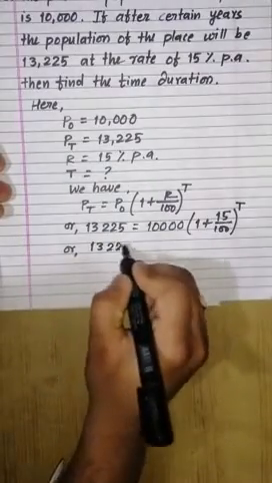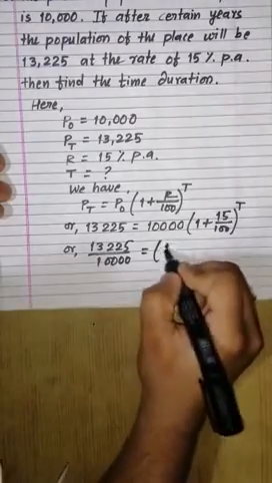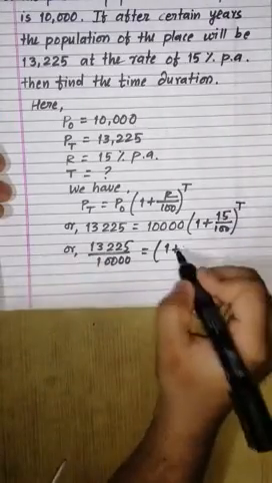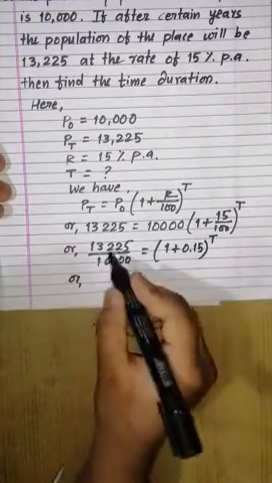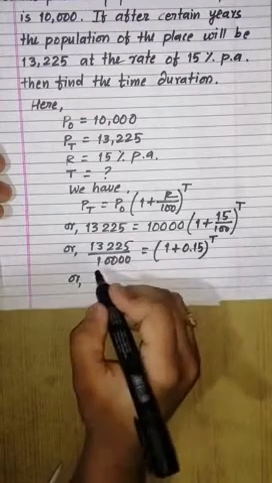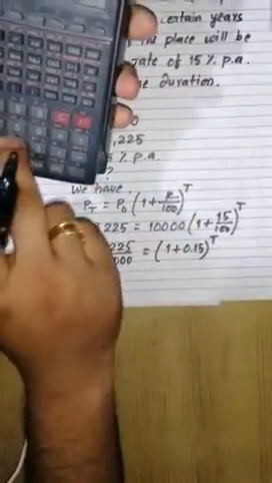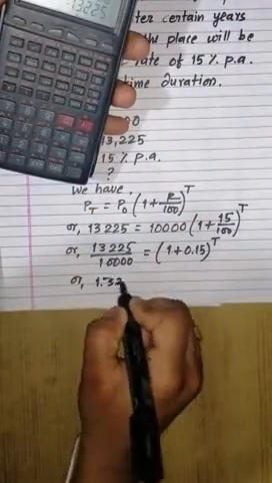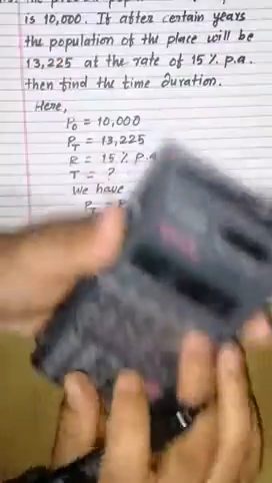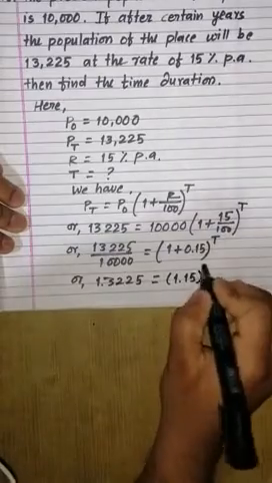So 13,225 by 10,000 equals 1 plus, if we divide 15 by 100, then 0.15, to the power T. When we divide 13,225 by 10,000, 1.3225 will be obtained, and then on the RHS we have 1.15 to the power T.